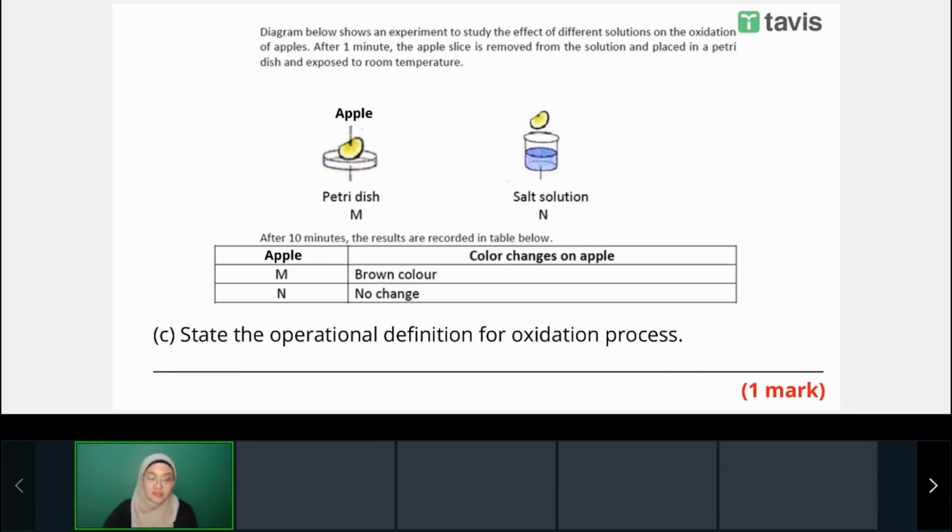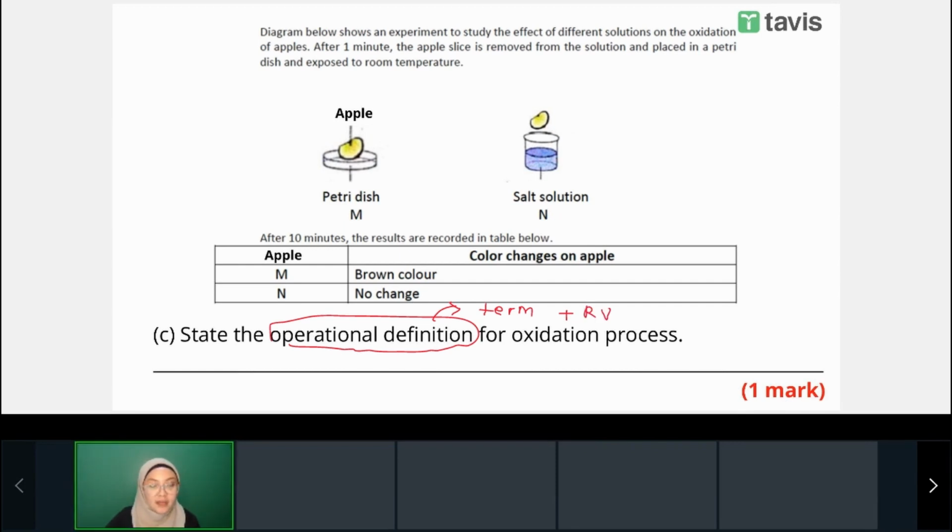Hypothesis done. Now they ask about the operational definition. Yesterday I did teach how to tackle the operational definition, so now I repeat it since the question is here. You give the term. What did they ask? The term. You plus it with your responding variable.